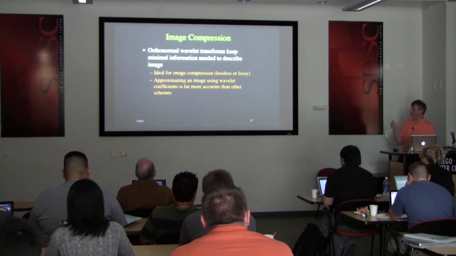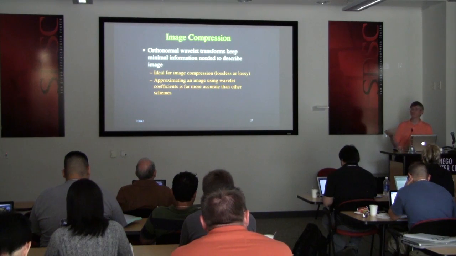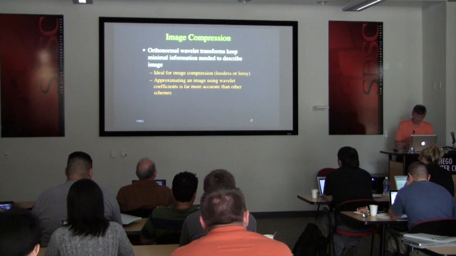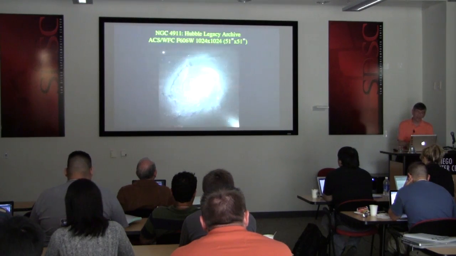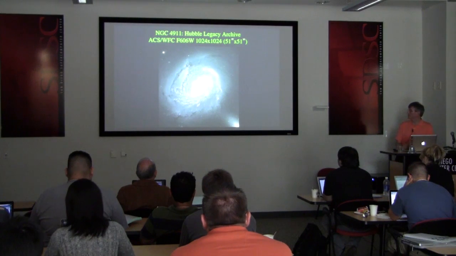In lossy compression, the goal, typically in astronomy at least, is to discard the noise, or as much of the noise as you're comfortable with throwing away, while keeping the real structures in the image. So approximating an image using wavelet coefficients is a lot more accurate than other schemes. Here's another Hubble telescope image from the Hubble Legacy Archive.